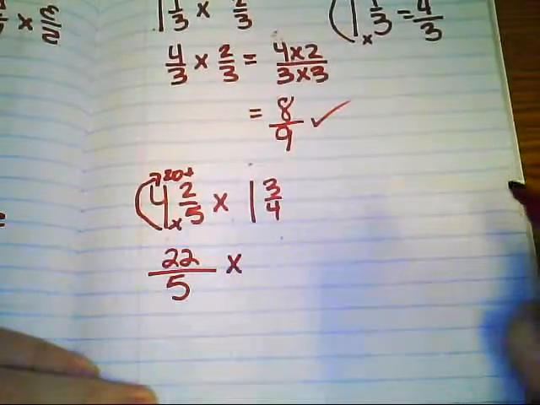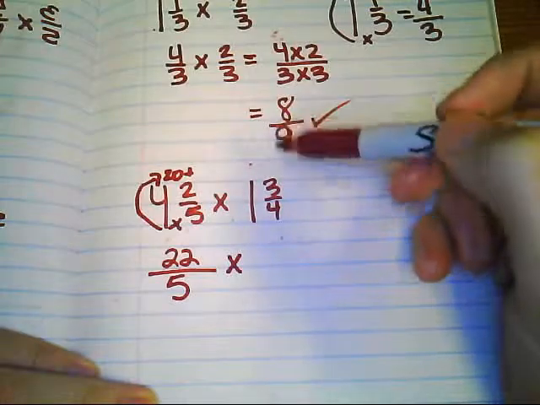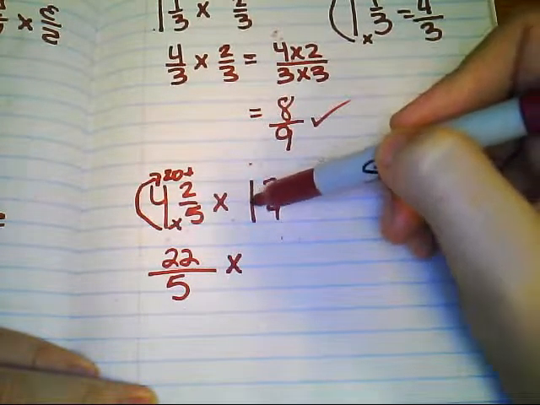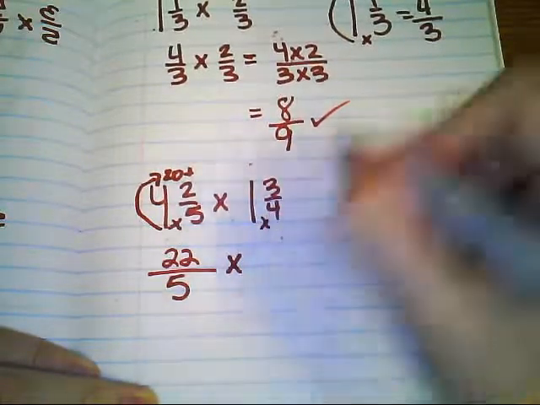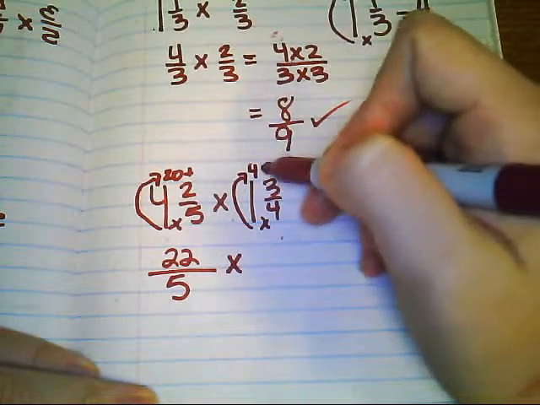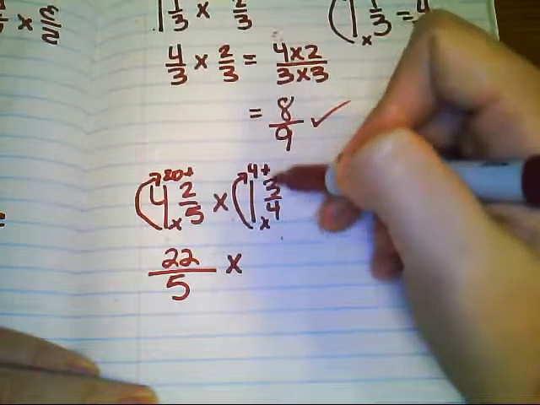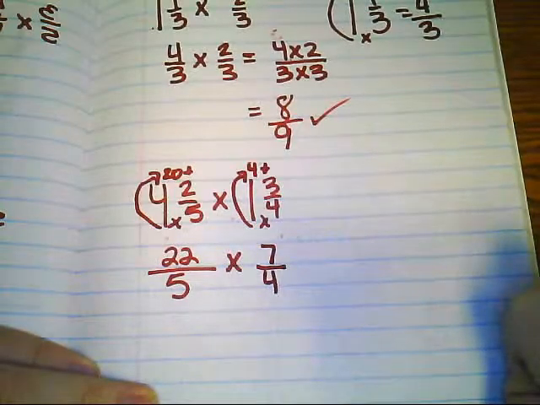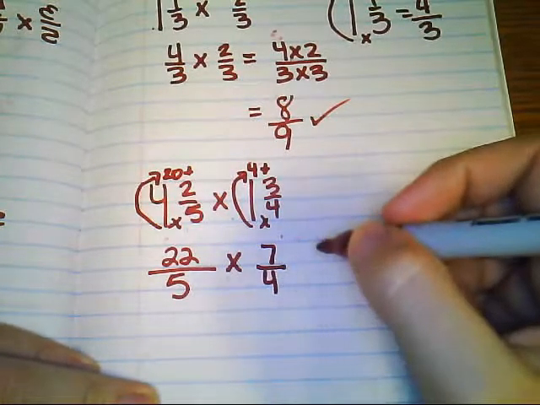Bringing down my multiplication sign, so I remember to multiply them. Then 1 and 3/4, multiplying again my whole number times my denominator, bringing it up, so 1 times 4 is 4, and add on your numerator. So 4 plus 3 is 7, keeping that 4 for my denominator. Look at that, we're back to a fraction times a fraction.